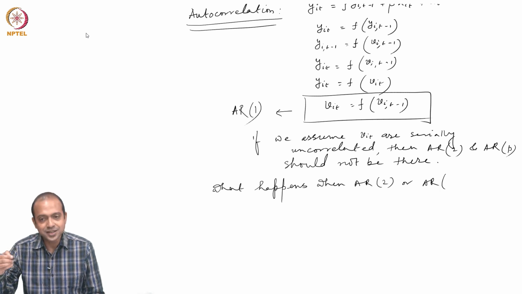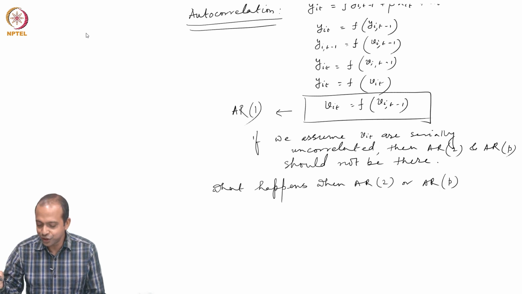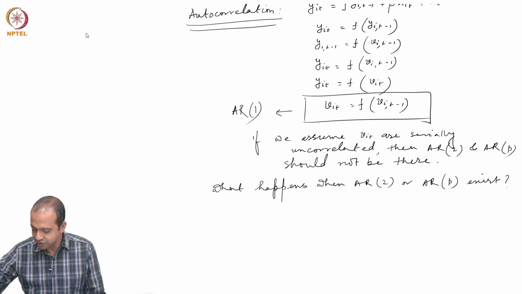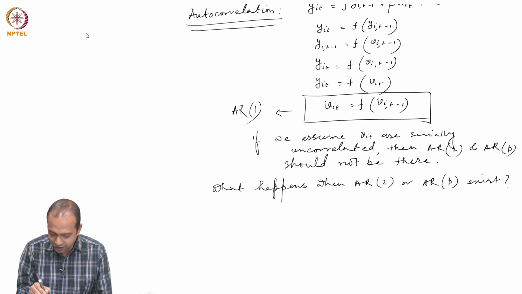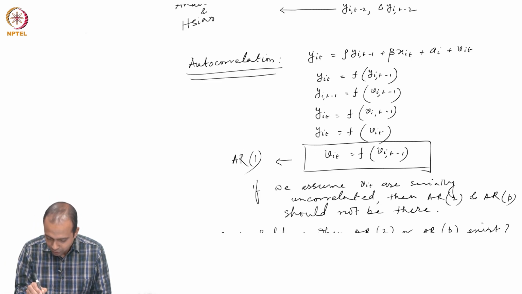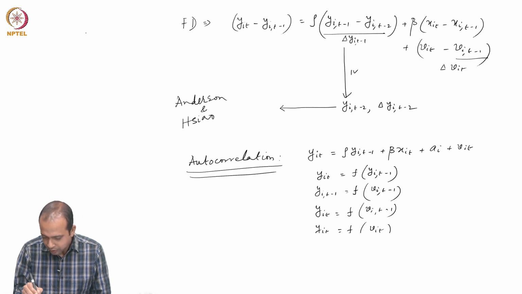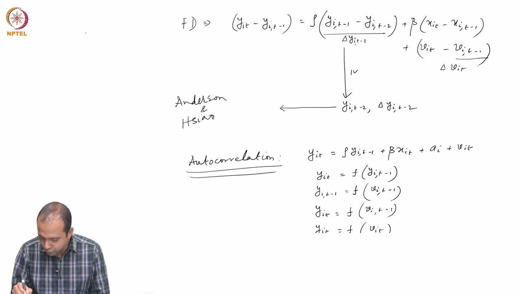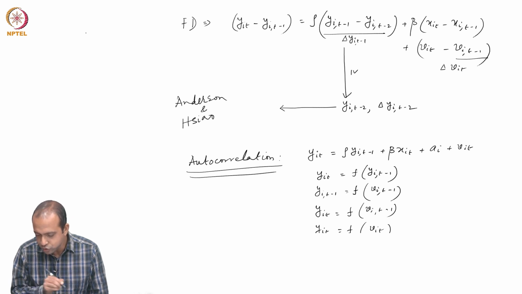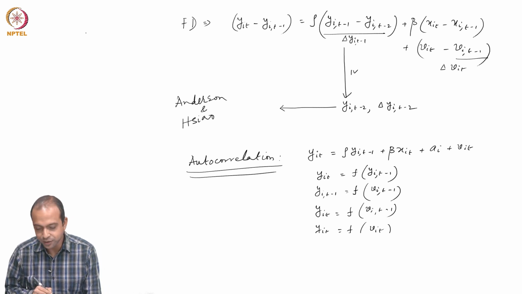But in case there is higher order autocorrelation, that means in presence of AR2, VIT is a function of VIT minus 2 also, second order correlation is also there.